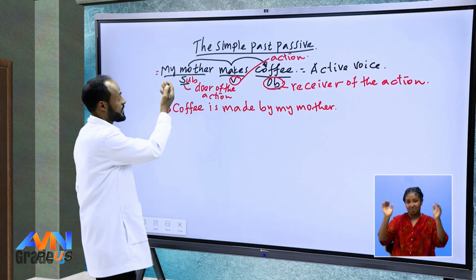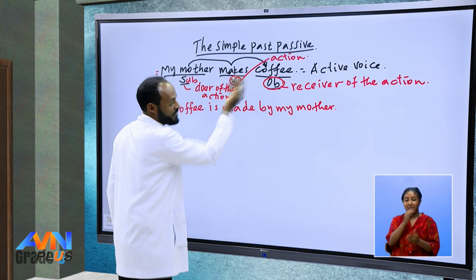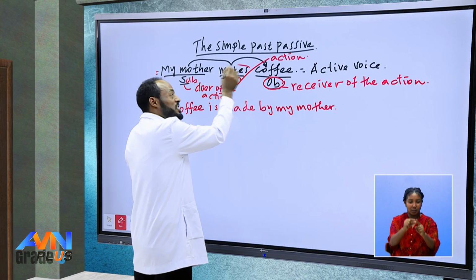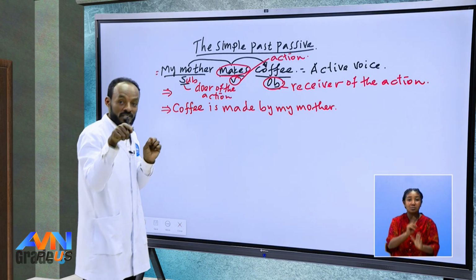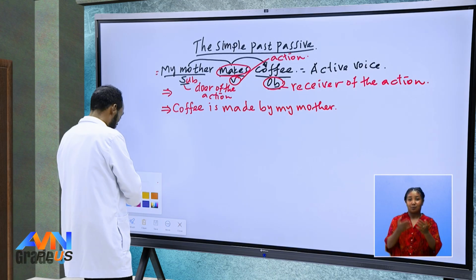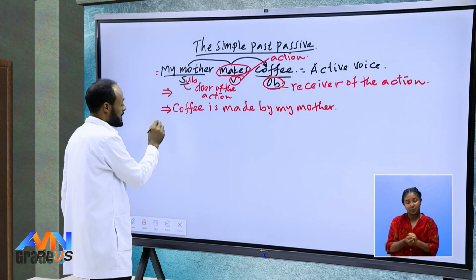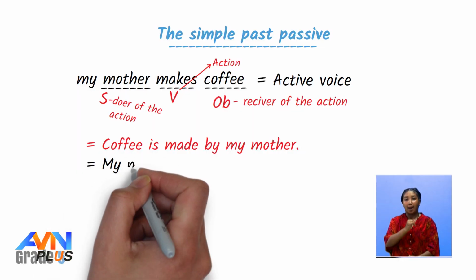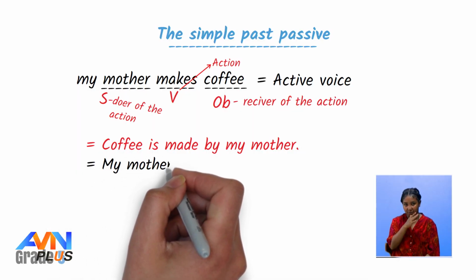Bravo. Come on here. My mother makes coffee. In this sentence, the word makes shows what? Present tense. If you want to change this one into simple past, we can say my mother, because we're using the same subject.